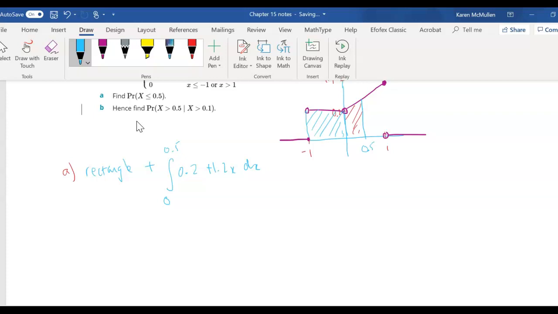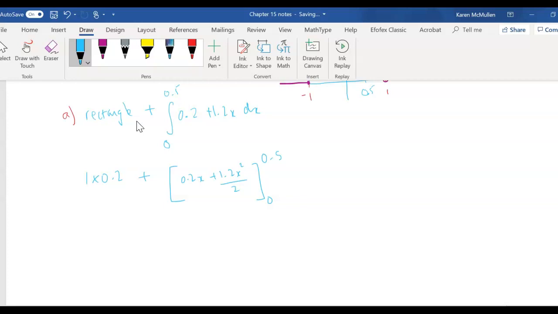Okay, so a rectangle is 1 times 0.2. So 1 across, 0.2 up, and then we've got our definite integral. I'm just going to find the antiderivative. So 0.2x plus 1.2x squared over 2, and we're going from 0 to 0.5. So 1 times 0.2 is 0.2.